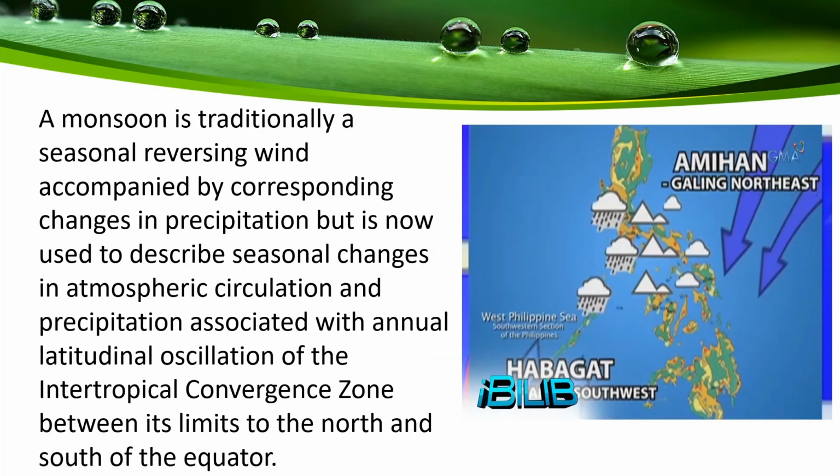A monsoon is traditionally a seasonal reversing wind accompanied by corresponding changes in precipitation but is now used to describe seasonal changes. So, basta monsoon, seasonal changes yan siya. Familiar tayo dito sa atin sa Pilipinas, yung ating dalawang monsoon, diba? Yung ating amihan at saka habagat.